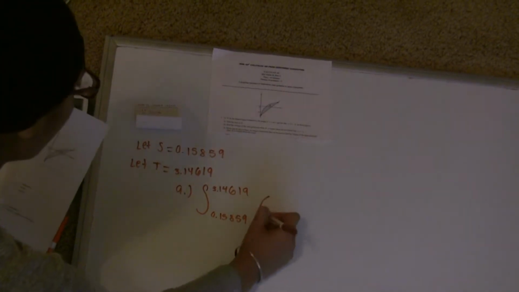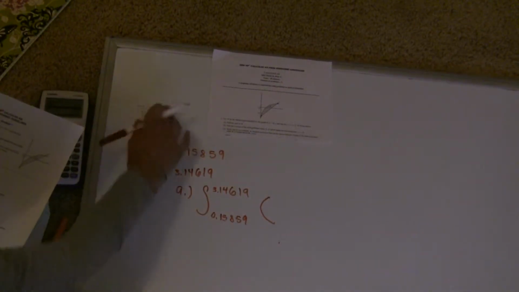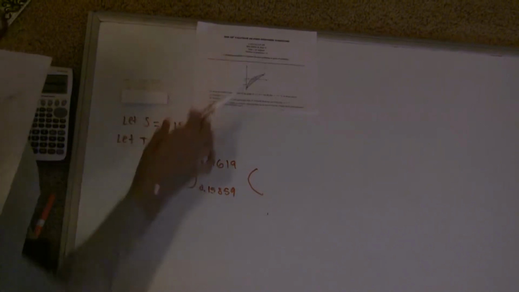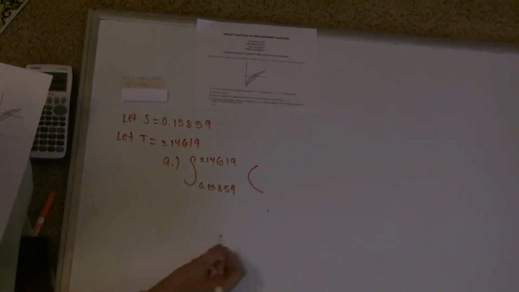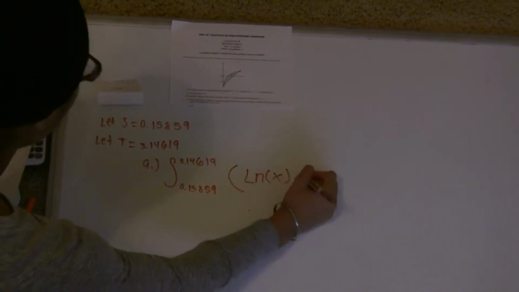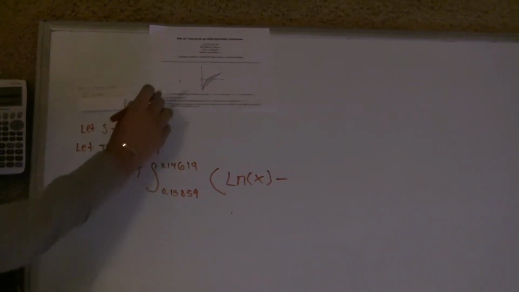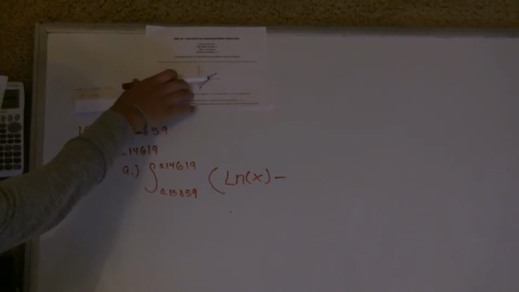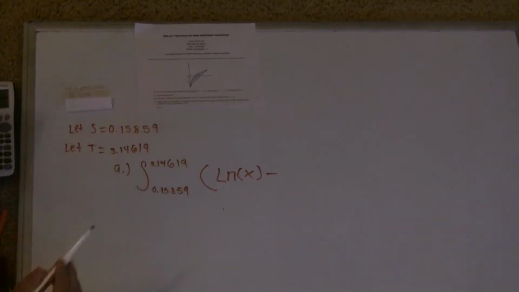Now our other part is to get big R. Big R is always going to be on the top, and if you go from top to bottom, we can see that the curve on the top is ln x. So ln x is going to be big R, so it's going to be ln x minus little r. If you start from top to bottom, the line on the bottom is your little r, so in this case it's x minus 2.